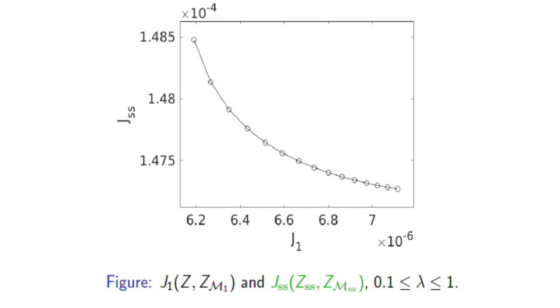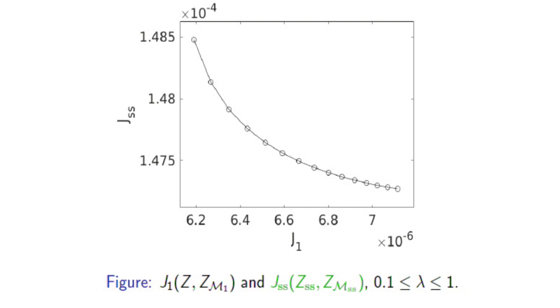So for instance, this model has the best steady state performance and the worst dynamical performance. And this is the best concerning dynamical performance, the worst concerning steady state.